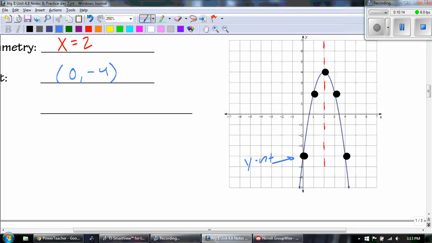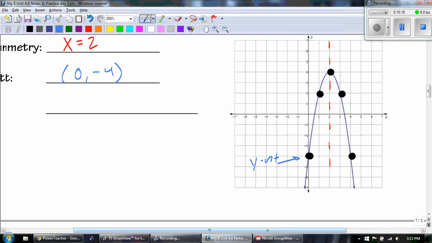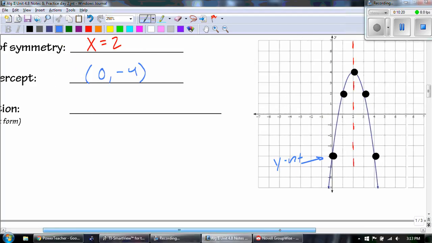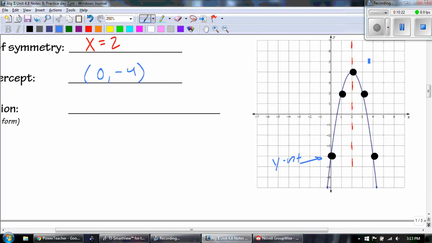If we didn't see the y-intercept, you would have to plug in to figure it out. Well, Mr. Grice, how would I plug it in? Well, to plug it in, you'd have to figure out the formula, which is the next thing that we have to do. So when we're looking at the formula, we need, once again, the vertex. So this is 2, 4, and the pattern is a equals -2. Okay?